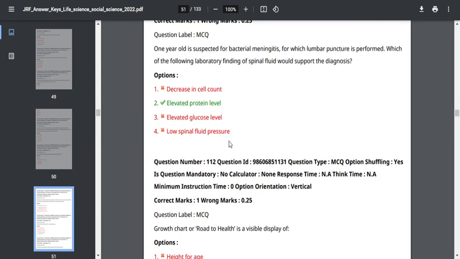Okay. Next, a 1-year-old is suspected of bacterial meningitis, for which a lumbar puncture was performed. Which of the following laboratory findings of spinal fluid would support the diagnosis? During this lumbar puncture, they take a spinal tap, where they take a few samples from the spinal cord.